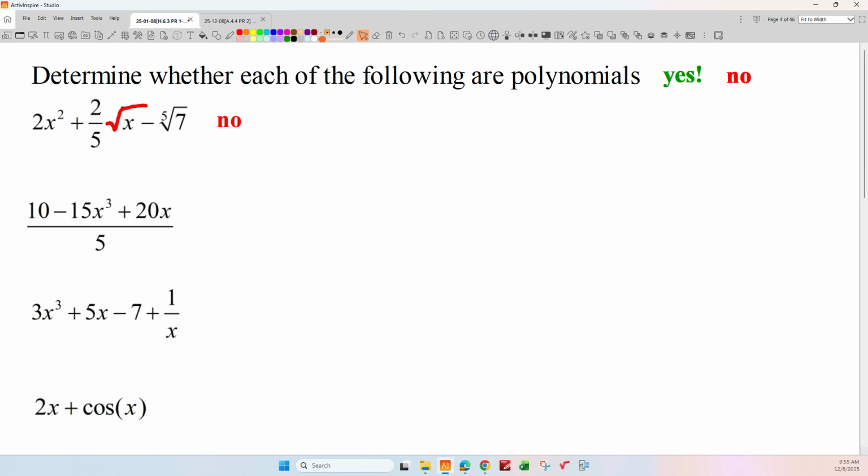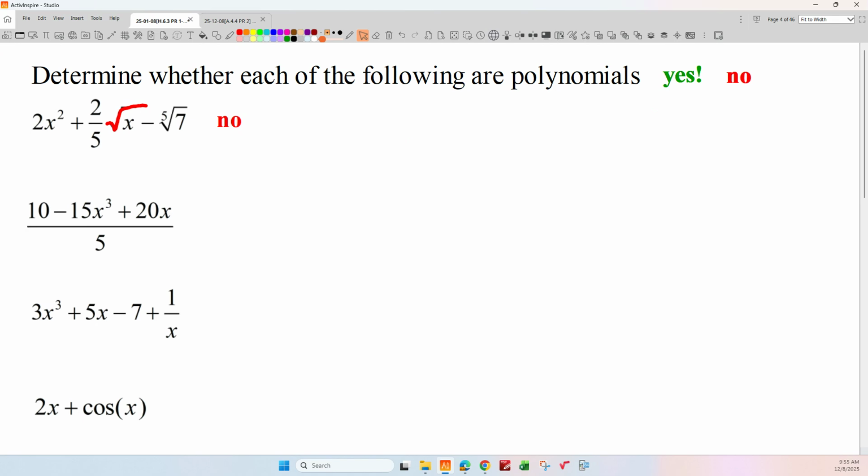Okay? Now what about the next one? And take your time. Okay, let's vote on this one. What do you think? Well, I'm seeing lots of thumbs up, and you're right. There's nothing wrong with this one. When I'm dividing by 5 there, couldn't I just divide each term by 5 if I wanted to?